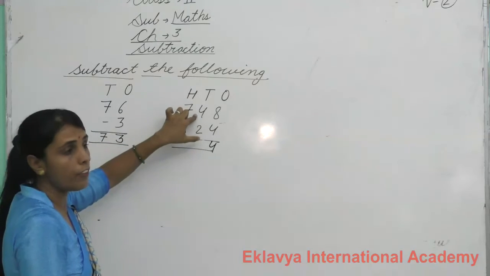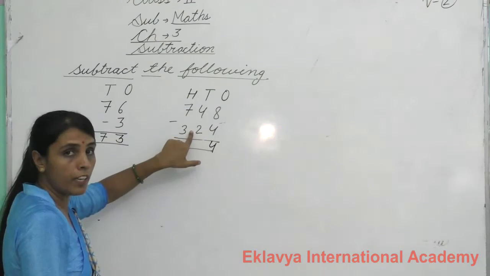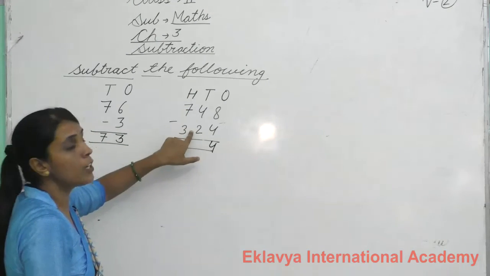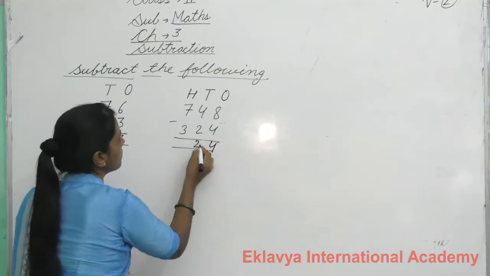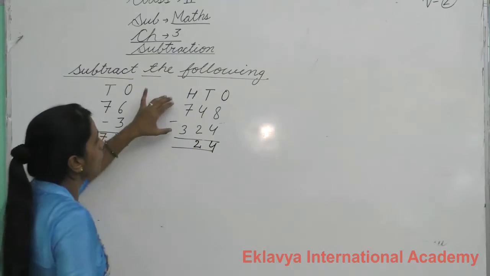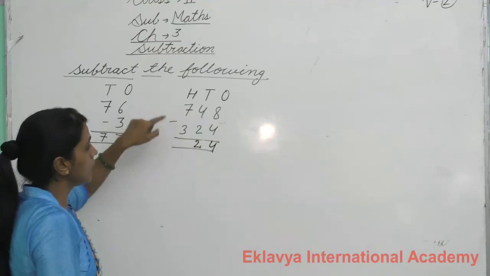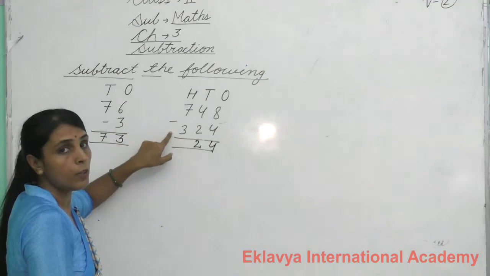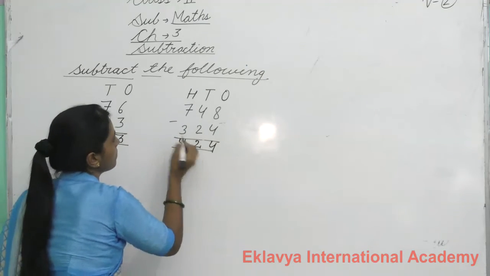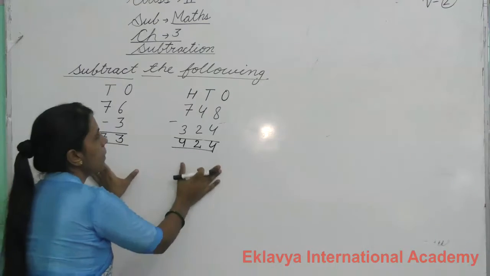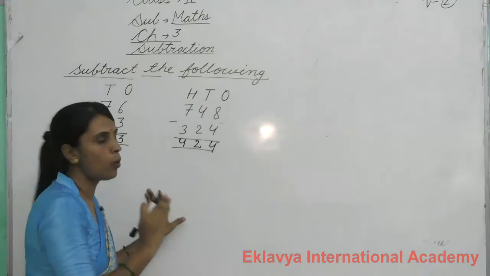You have 4 toffees. You want to eat 2 toffees. Can you eat? Yes. How many toffees do you have? 2. We will talk about the 100's place. You have 7 toffees. You want to eat 3 toffees. How many toffees do you have? 4. This is your simple subtraction without borrow.